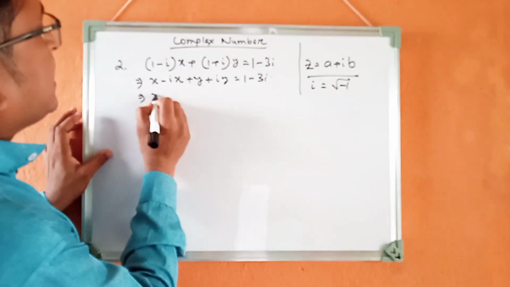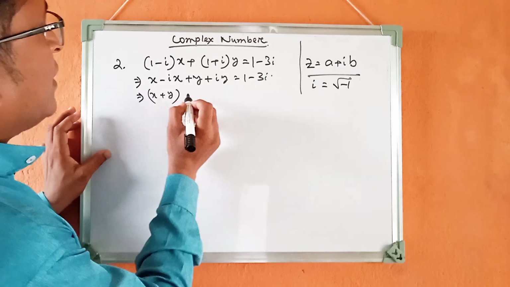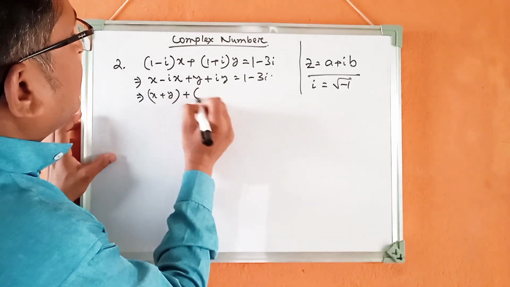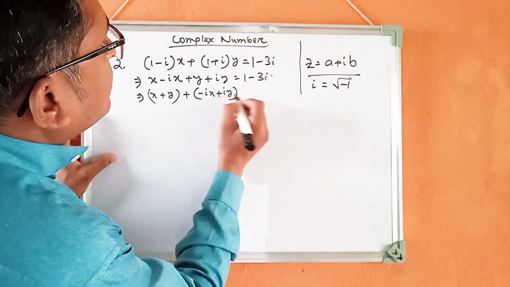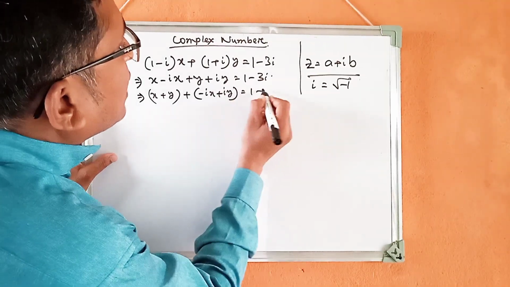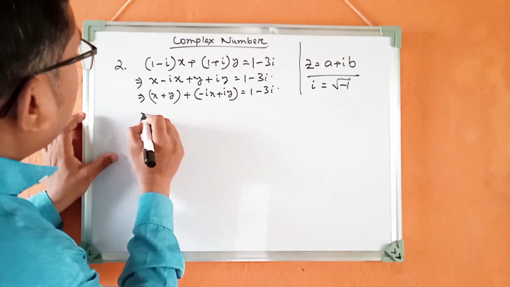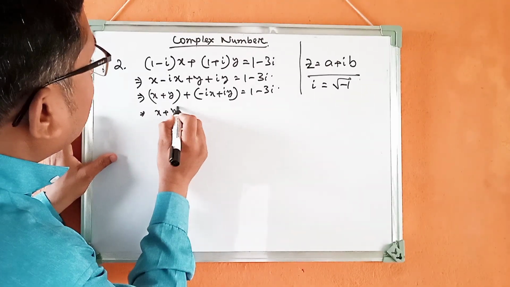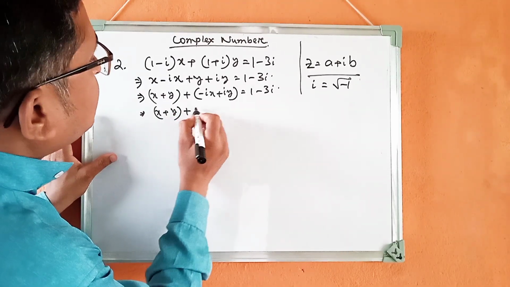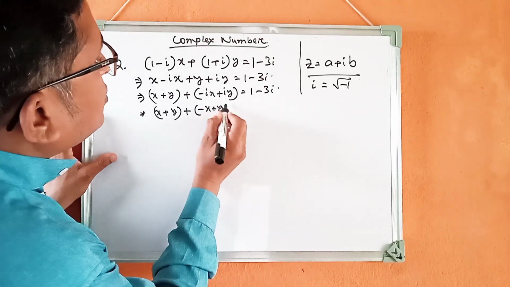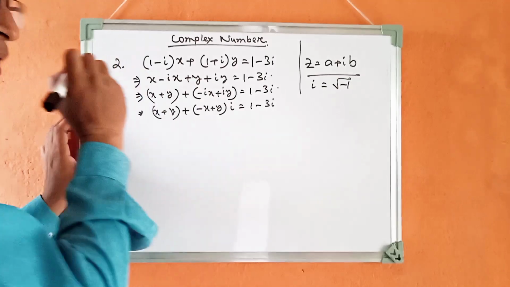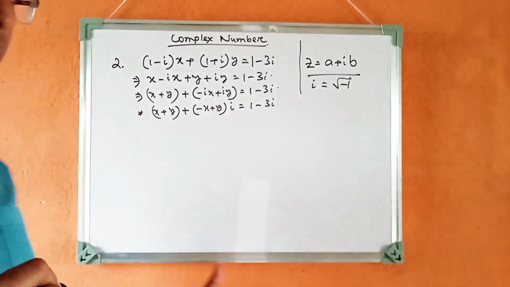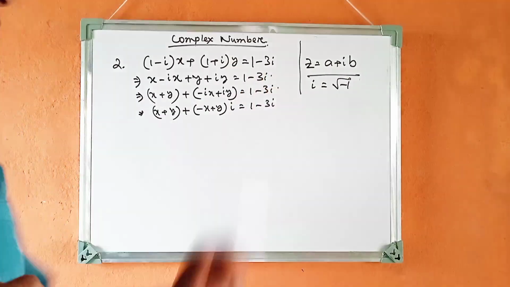Now x plus y, one part, and another is minus ix plus iy, equal to 1 minus 3i. Now take x plus y plus minus x plus y into i equal to 1 minus 3i. Now LHS is arranged properly in the standard form, that is A plus iB.